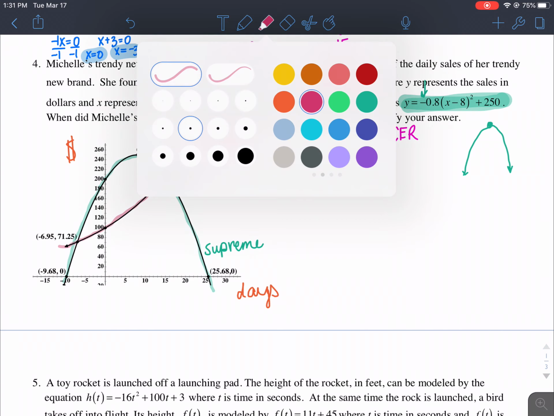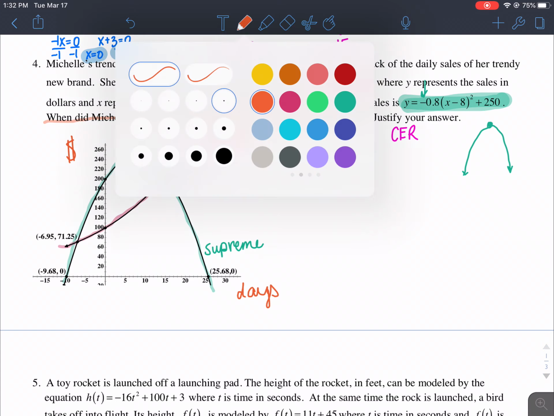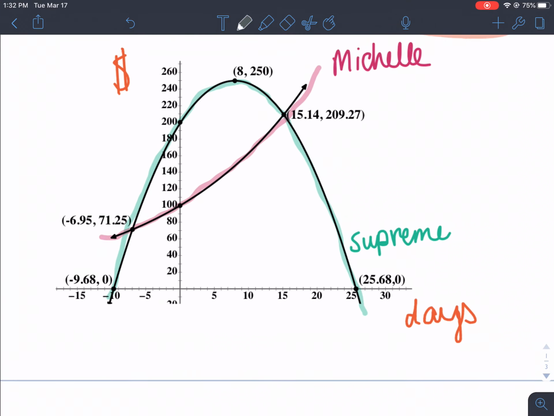So when I go back to answer the actual question, when did Michelle's trendy new brand make more than Supreme? More money means I'm looking at my y values. So where are my y values higher for Michelle than they are for Supreme? If I look at my graph right now, I'm going to zoom in.